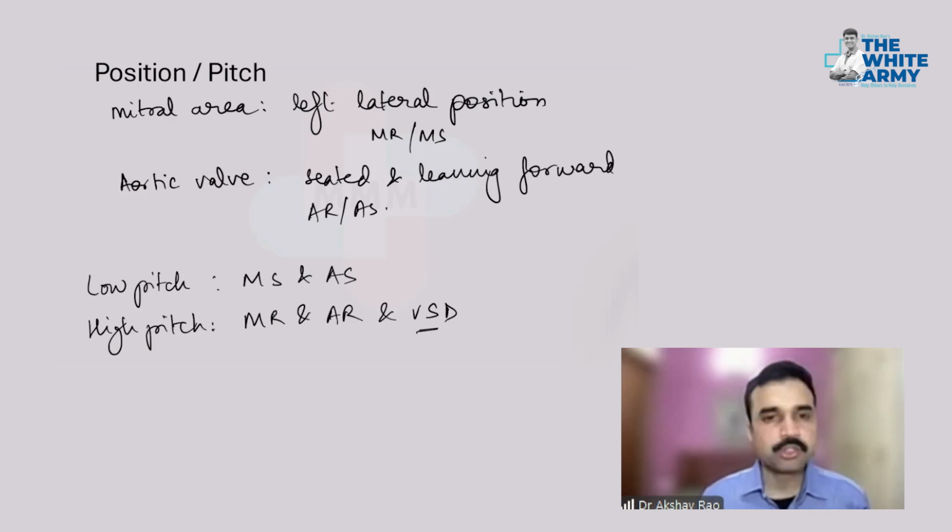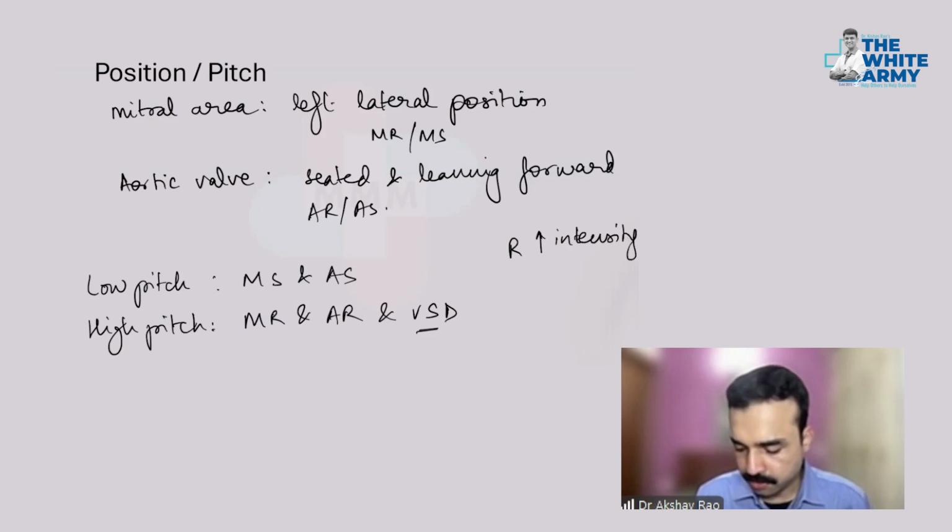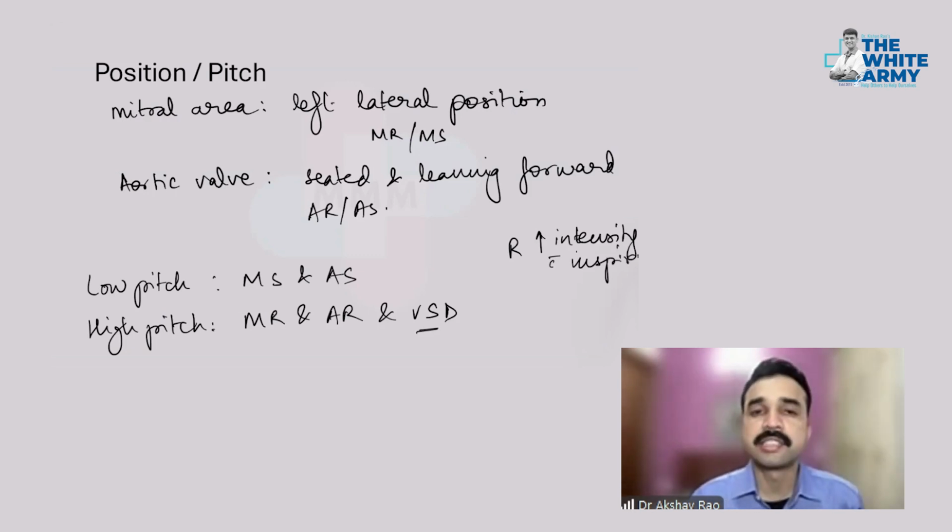One more thing you should keep in mind is how to differentiate right-sided murmurs from left-sided murmurs. Right-sided murmurs increase in intensity with inspiration, whereas the opposite is true for left-sided murmurs, which increase in intensity with expiration. It's all to do with the blood flow. In inspiration, more blood flows into the right side of the heart, causing the left side of the heart to be compressed by the interventricular septum.